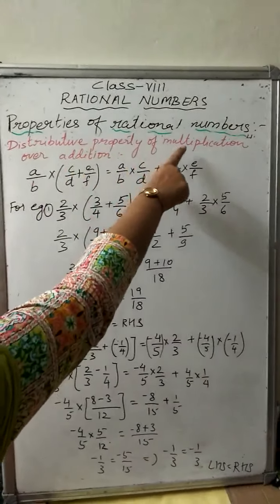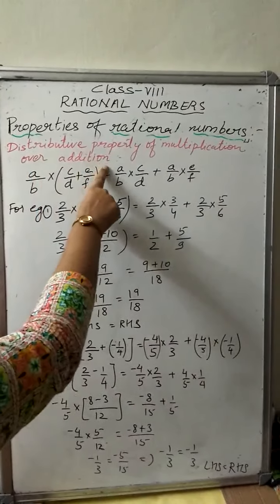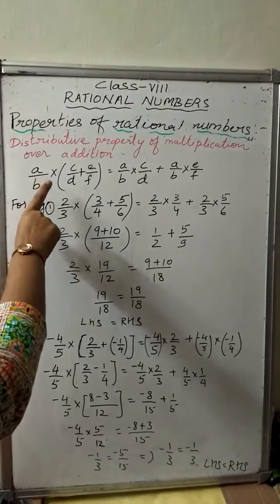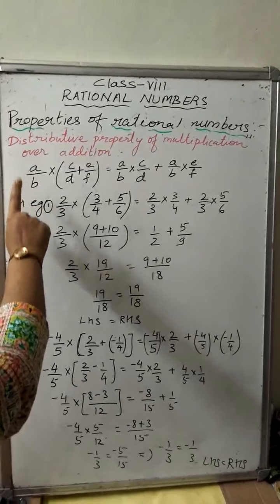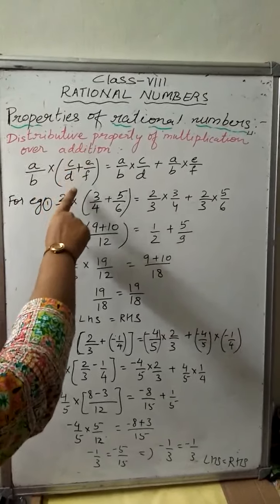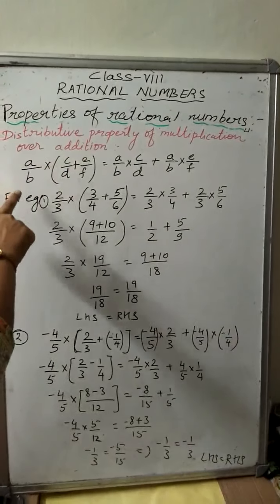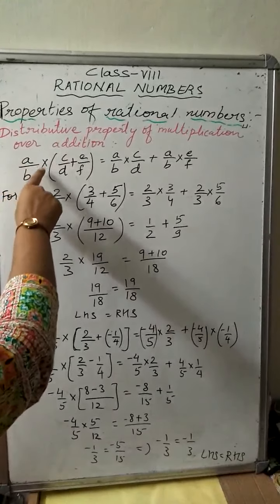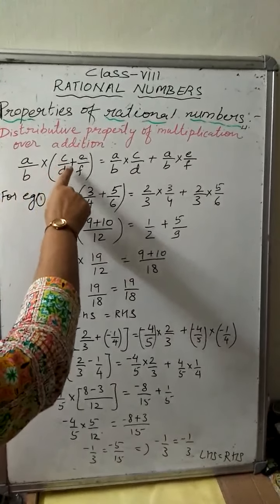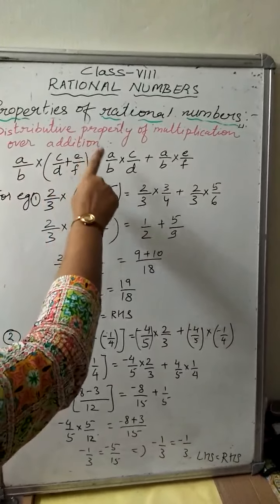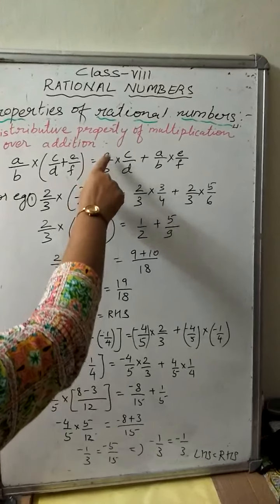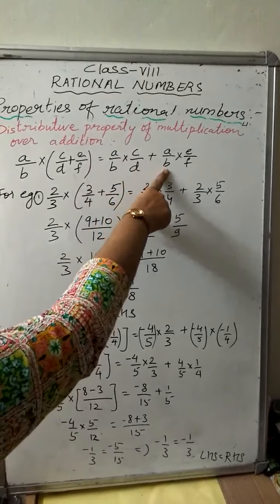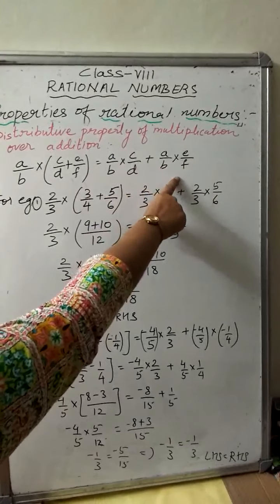Distributive property of multiplication over addition. For this, I have taken three rational numbers, a by b, c by d and e by f. The property can be written as a by b into (c by d plus e by f) is equal to a by b into c by d plus a by b into e by f.